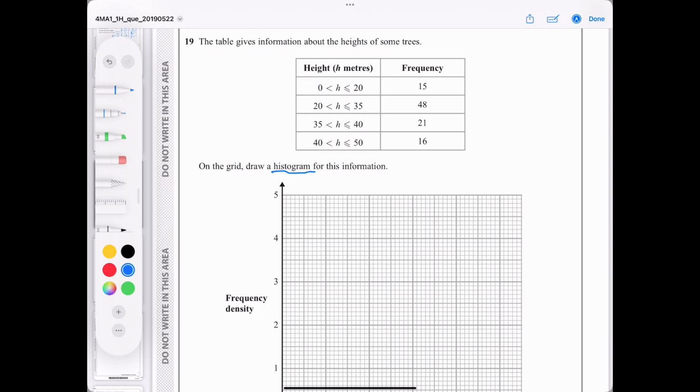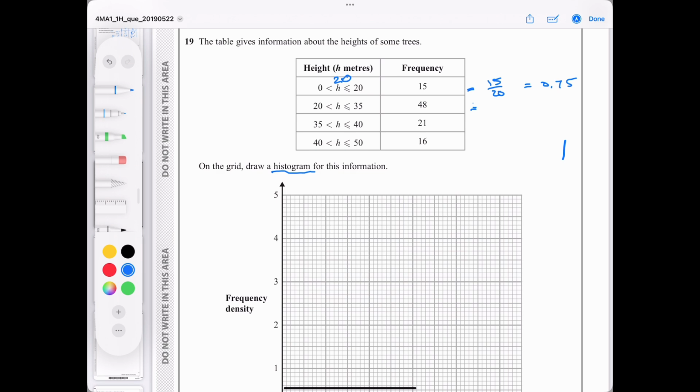So what we've got to do is find the frequency density. We'll find the height in meters, so that's 20 between that. And then to find the frequency density, we do 15 over 20, which is 0.75.